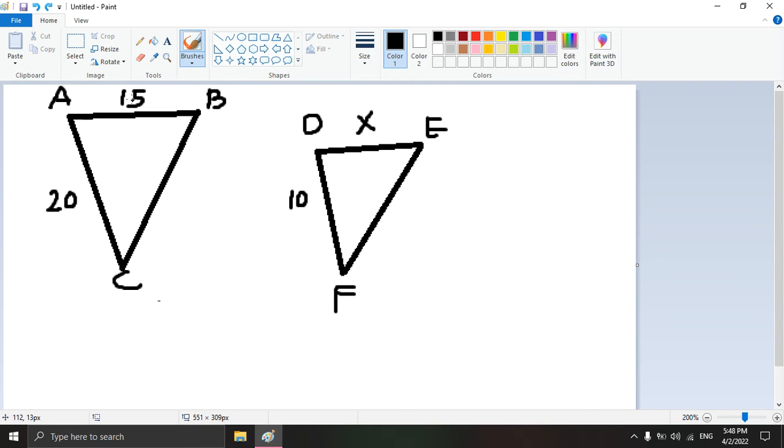We are going to have a ratio comparing the sides of the first triangle and the sides of the second triangle. So AB, which is 15, all over DA, which is 10.